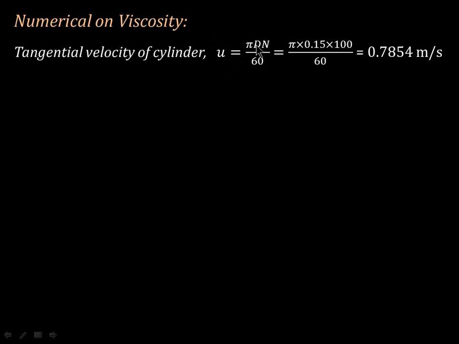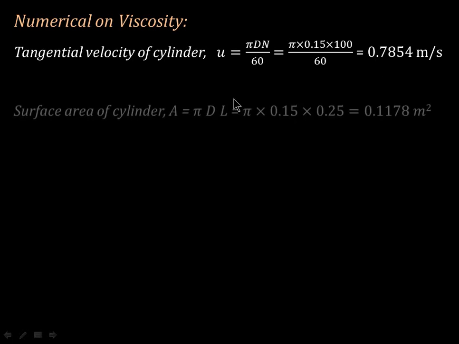Putting the values for the rotating cylinder of 15 centimeter diameter: pi into 0.15 meter into 100 rpm divided by 60. So we get the tangential velocity of the cylinder as 0.7854 meter per second.